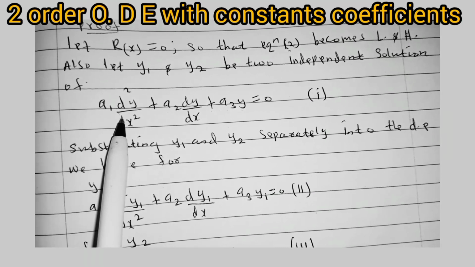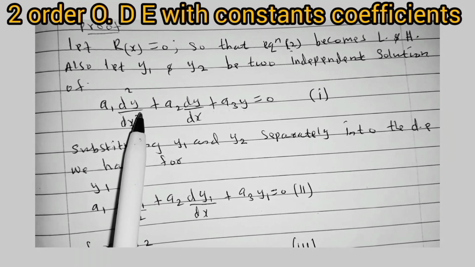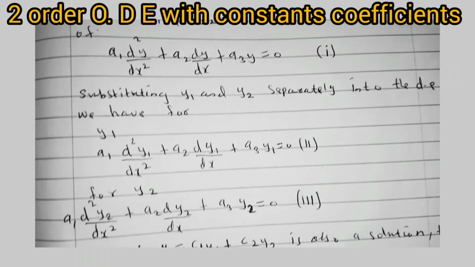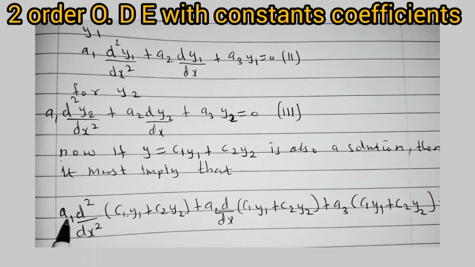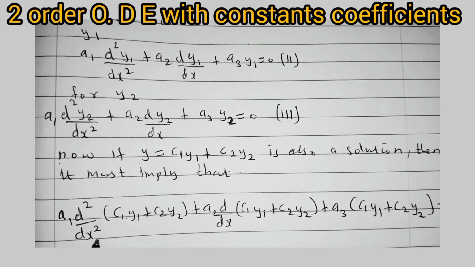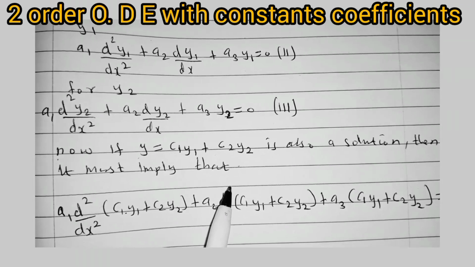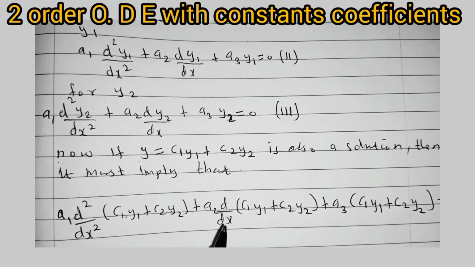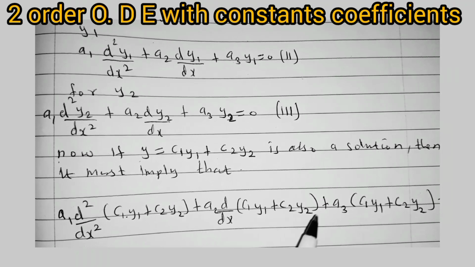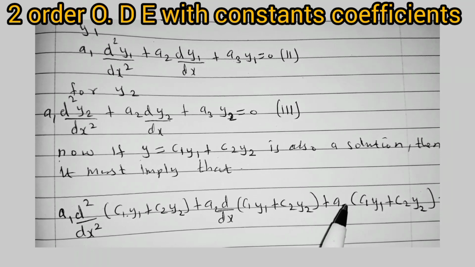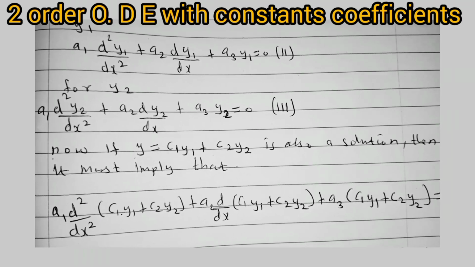So instead of y, we substitute c1 y1 + c2 y2 as shown below: A1 d²y/dx² plus A2 dy/dx plus A3 times (c1 y1 + c2 y2), where our y is c1 y1 + c2 y2, is equal to 0.